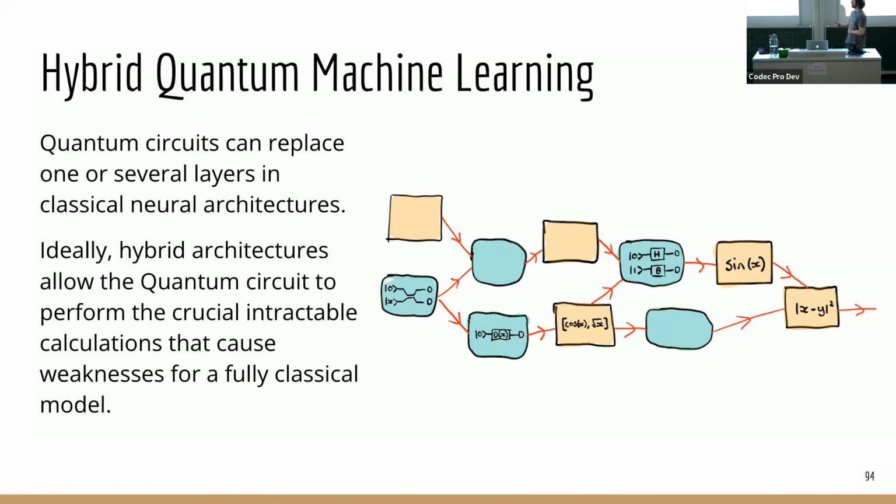Instead, we want to replace one or several layers in a classical neural architecture with a quantum layer. The idea behind this is that hybrid architectures will allow the best of both worlds. We will have some classical layers that can do things that classical computations are very, very good at. And then we can perform some crucial, intractable calculations on our quantum layers to make a stronger network.